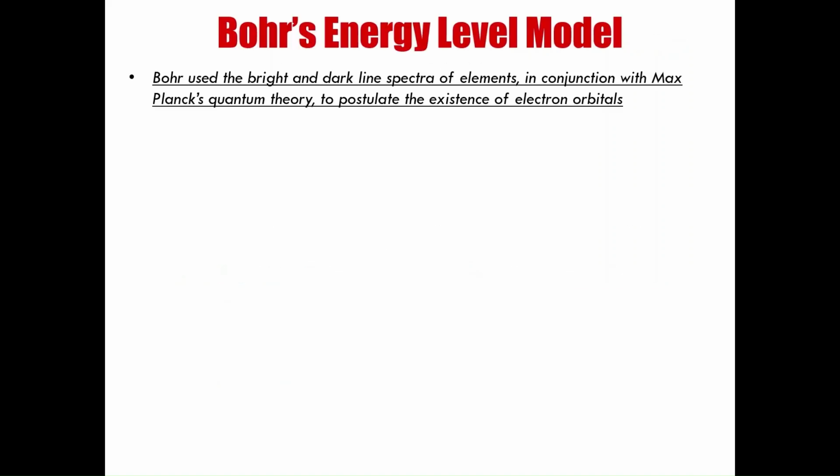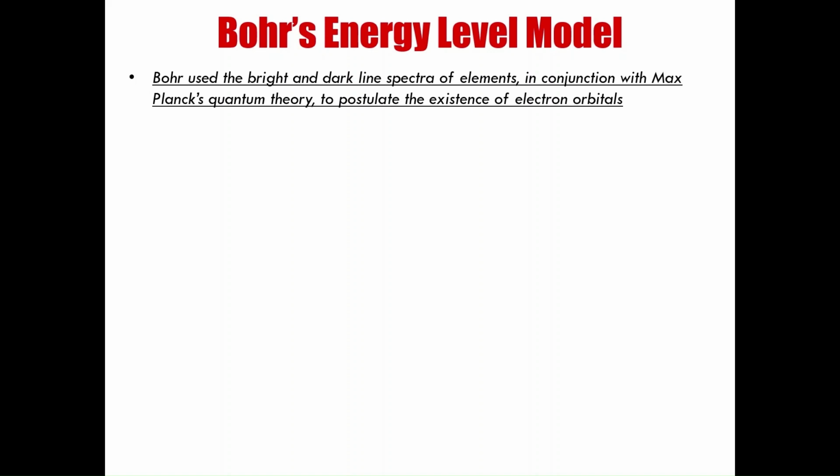Okay, so Niels Bohr used the absorption and emission spectra of elements to conclude that the only way you could have bright lines and dark lines in the exact same spot for a particular element each time you ran an experiment was if the electrons of that element existed in fixed positions around the atom.